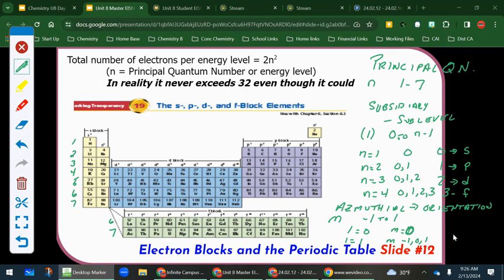Now, we get to the D's, which the L value would be a 2. For M, then, we get -2, -1, 0, 1, and 2. And it scares me to even do this, ladies and gentlemen.